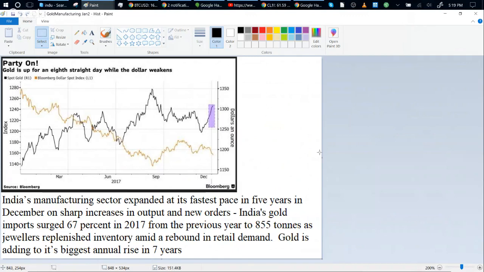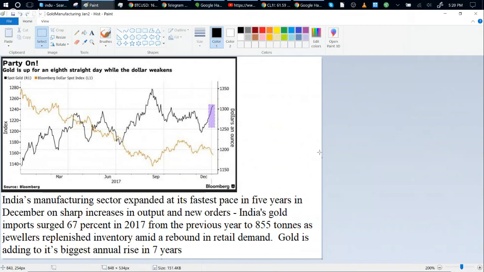So as of January 2nd, gold was up 8 straight days while the dollar was having some weakness. And you can see the notes on the bottom. India's manufacturing sector expands at its fastest pace in 5 years in December, on sharp increases in output and new orders.